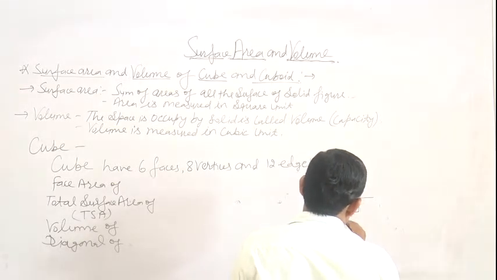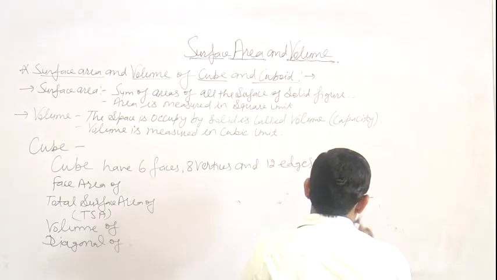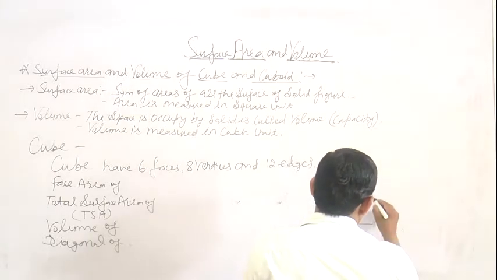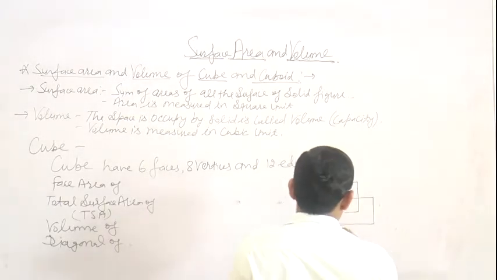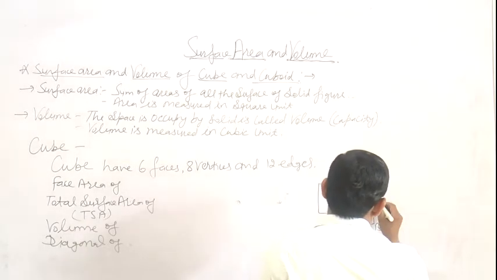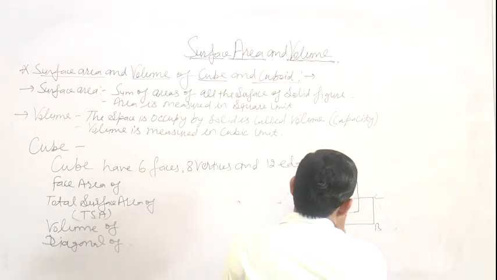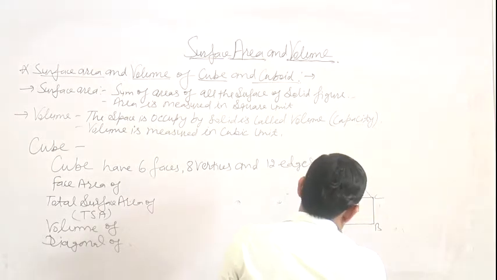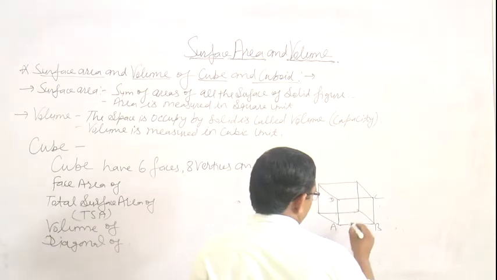Because cube and cuboid both have 6 faces, 8 vertex and 12 edges.